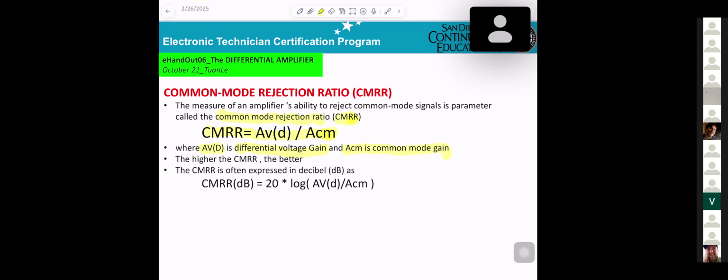The higher the CMRR, the better. And CMRR is often expressed in dB, equal to 20 log of AV differential divided by ACM common mode. That's just a formula to calculate the ratio between the signal you want and the signal you don't want.